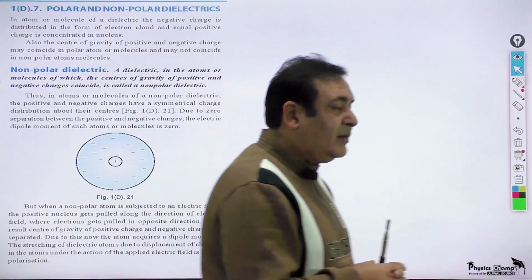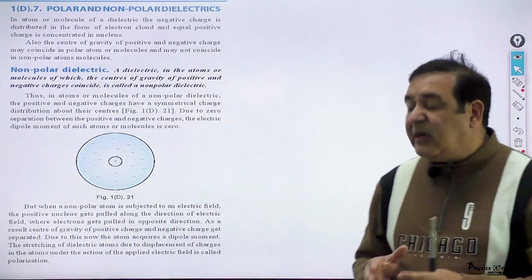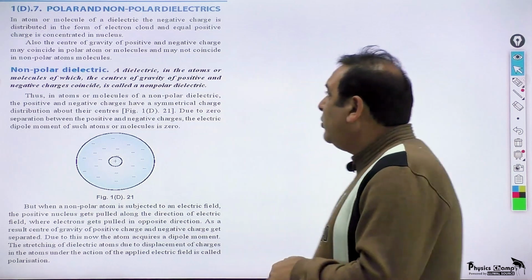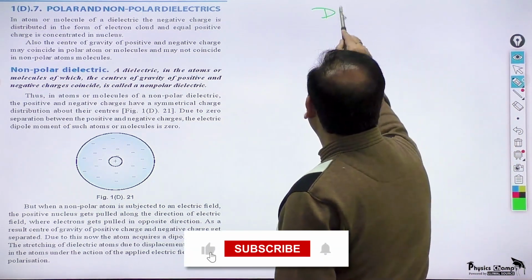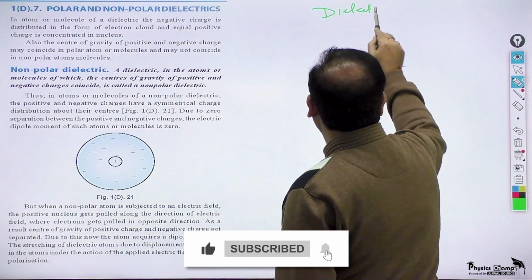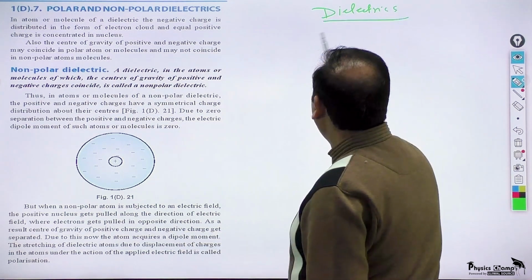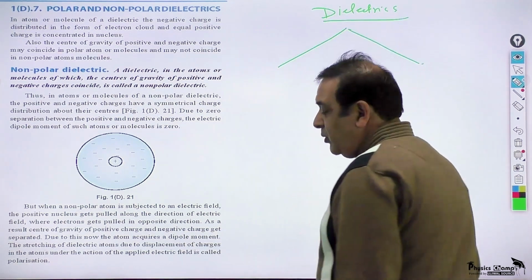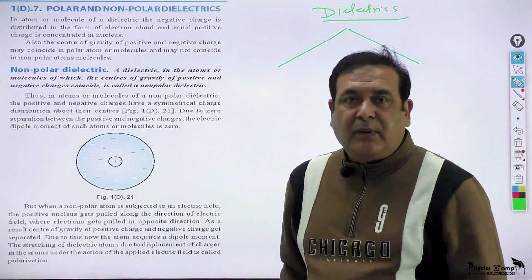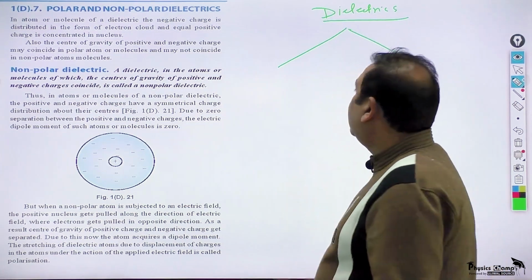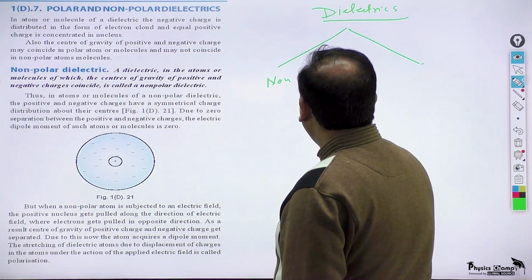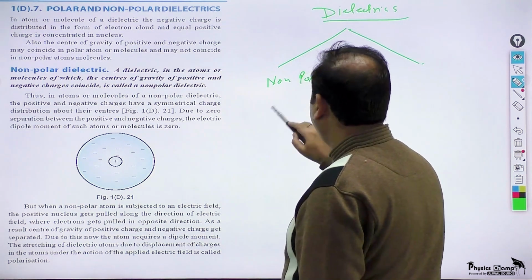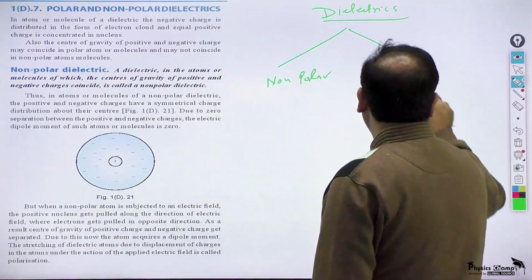Polarization in dielectrics. If I talk about dielectrics or insulators, we can divide them into two kinds. On one side we have non-polar dielectrics, and on the other side we have polar dielectrics.